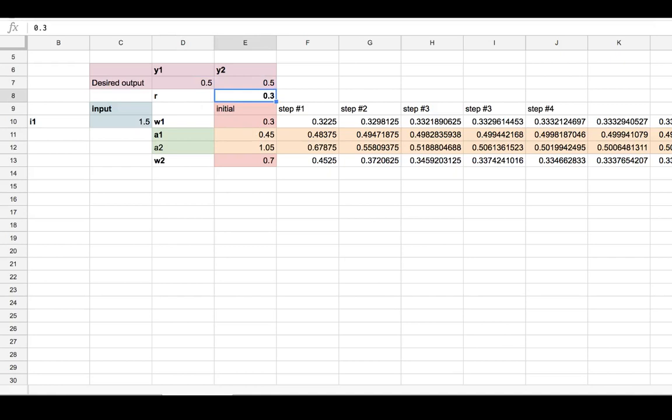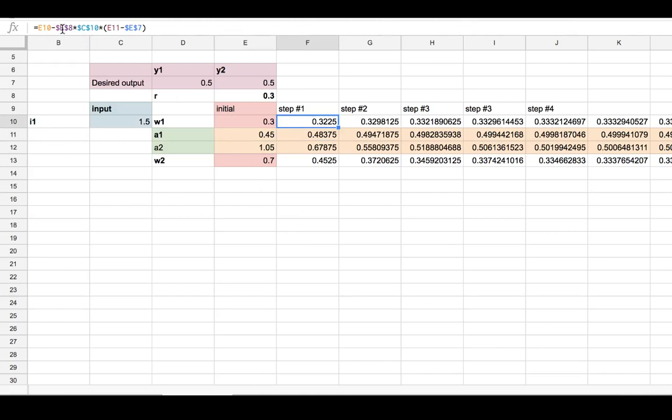You can see that it's a lot bigger, 10 times bigger than we used in the previous one. The input is 1.5, the initial weight 0.3 and 0.7. The activation is currently 0.45 and 1.05. And as before, we start adjusting the weights.